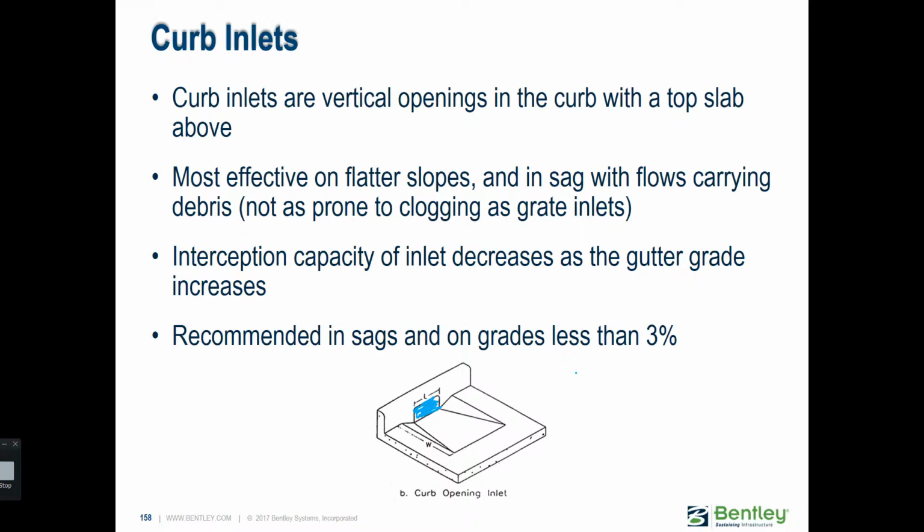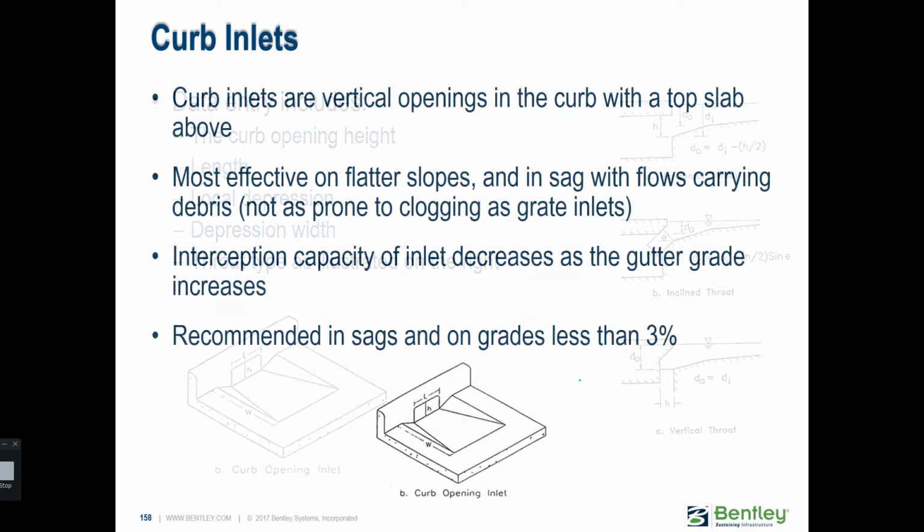And if you're doing it on-grade, it would be less than 3% slope. So they're very effective when it's a flatter area. If you're doing it in a very steep area, then basically its ability to intercept is limited, right? Because the flow would just bypass it very quickly.